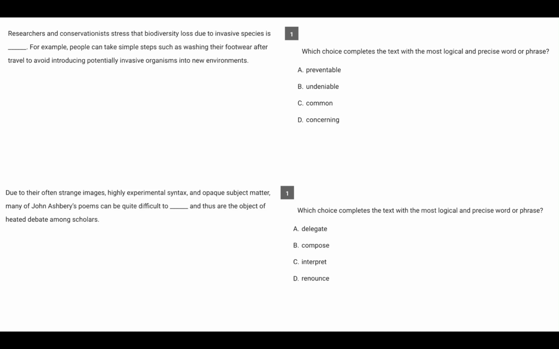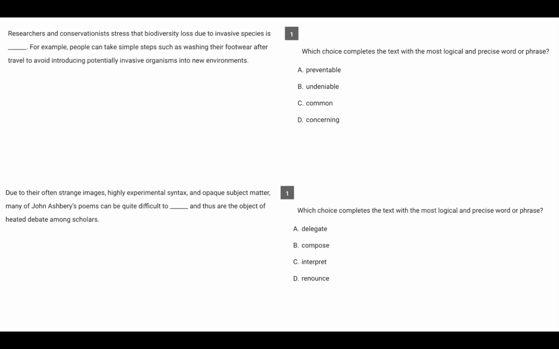Now, once again, think logically. Do not overthink. Think logically. Why can a poem be an object of heated debate? Well, it's usually when there is something controversial in the poem, something which defies certain beliefs, or when it is hard to understand.